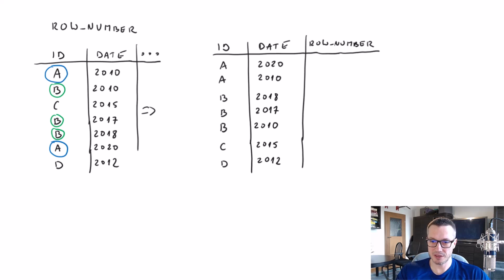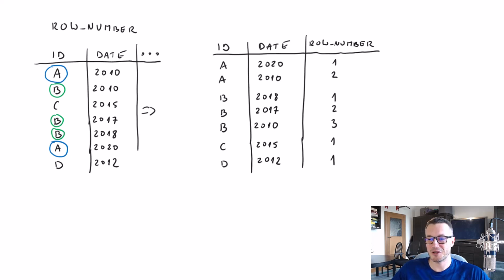In our case, for group A, we would get 1 for the first row, because it has the newest date, and then 2. That's it for group A. Then it will start over from 1 for group B, so it will set 1, 2, and 3 for those values. And then for group C, only 1, and for group D, again, only 1.